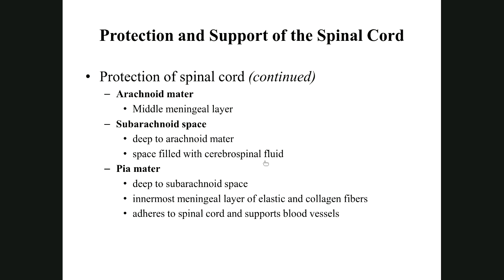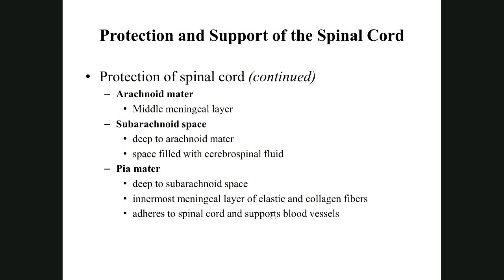Don't forget, we talked about that in chapter 12. Cerebrospinal fluid is super important to keep those neurons in the central nervous system alive, but it's also basically acting like blood for the central nervous system. So here we're going to bathe the outside of the spinal cord, because right below this is the pia mater, and that's really just kind of like one saran wrap layer that adheres to the spinal cord, kind of supports some of those blood vessels.